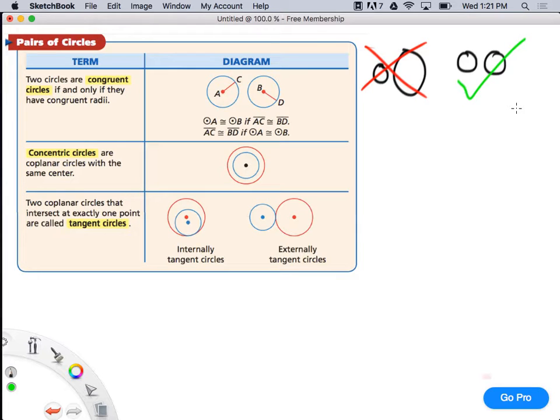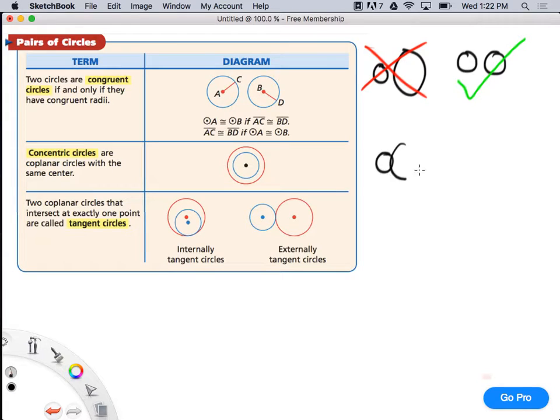Concentric. Con in Spanish means with, right? Centric, center. Concentric means with the same center. Check it out. Same center. Got it? Okay. So let's take a look.